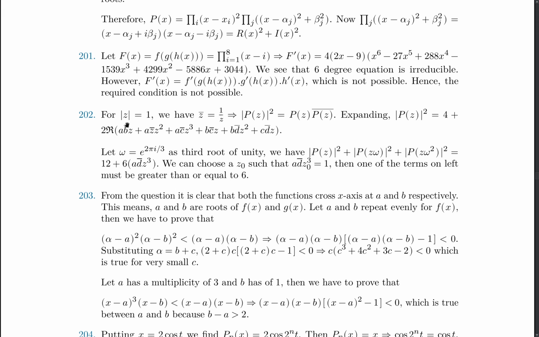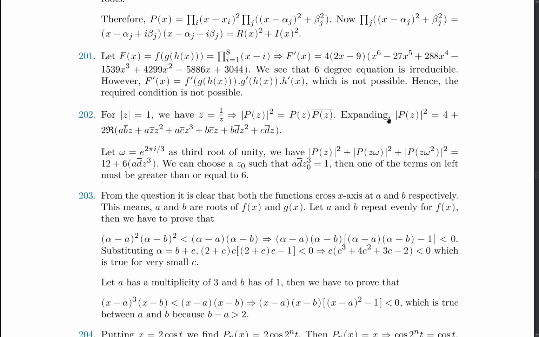Now if we have been given that mod of a, b, c, d are 1, so we let mod of z is equal to 1. Then that will imply that z bar is equal to 1 by z. And we know that mod of p of z squared is equal to p of z into p of z bar.